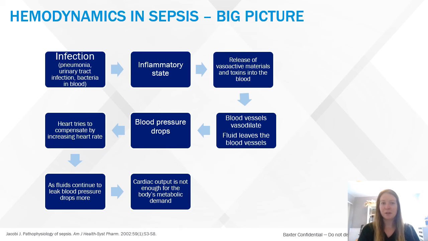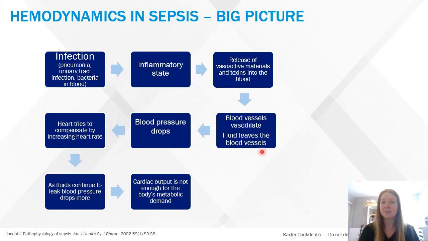So just to look at the big picture when it comes to hemodynamics and sepsis, because I know we went on a macro, micro, organ level, cellular level. Now we're just going to look superficially and see, hey, there's an infection. Whether it's in the blood, in my lungs, or my kidneys, I have some sort of inflammatory state, which releases these vasoactive materials and toxins into my blood.